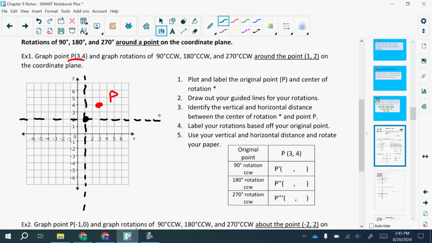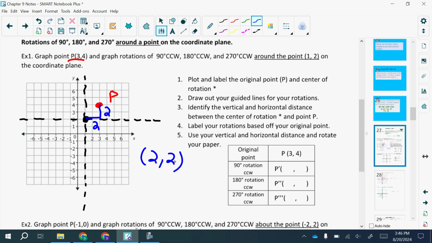All we're going to look at is the change in Y and change in X from our center of rotation to the point we want to rotate. So, from (1, 2), our change in X here is 2, and our change in Y here is 2. So our change in X and change in Y is (2, 2).